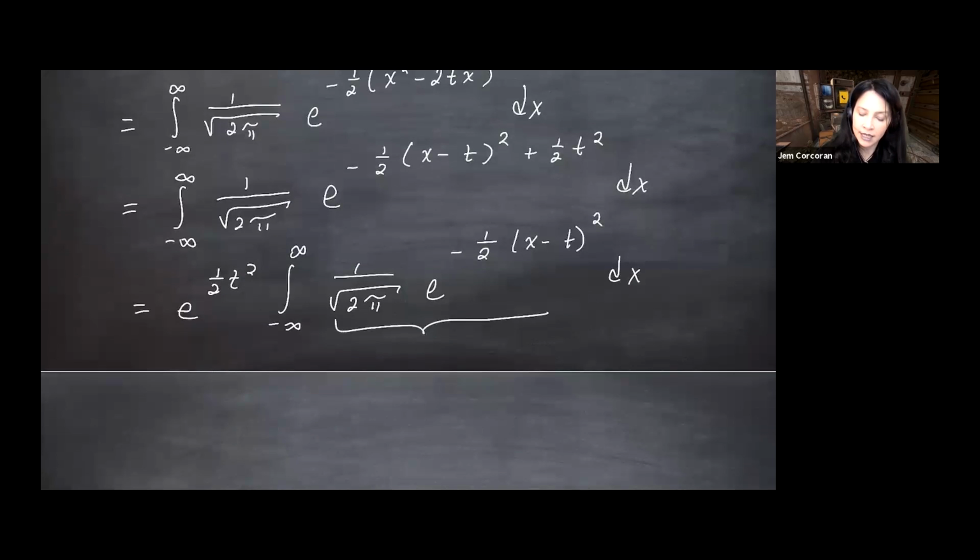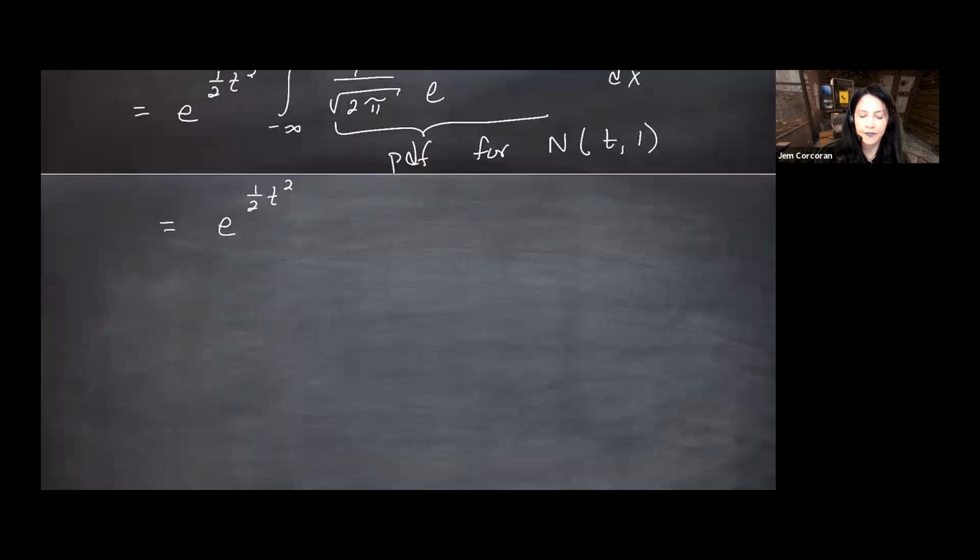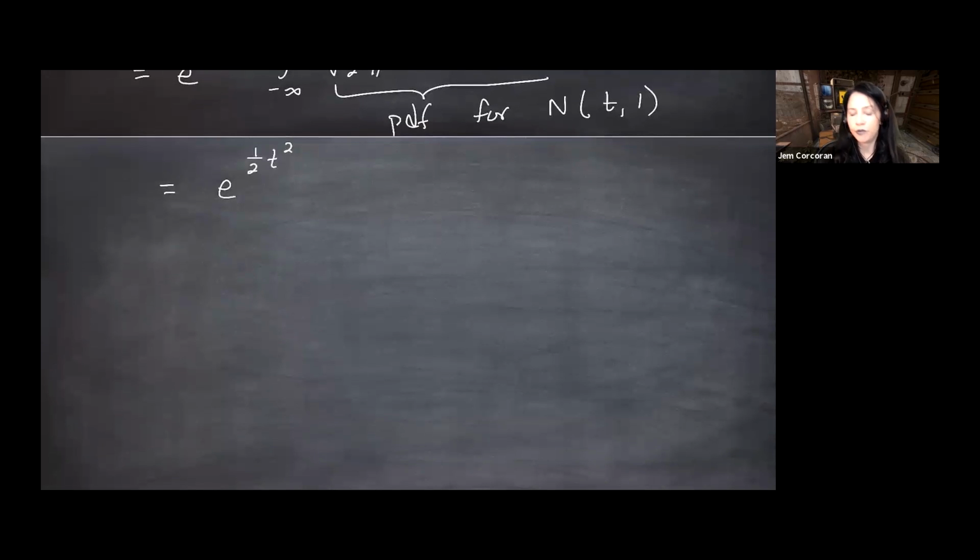So this is the PDF for the normal t, 1. And so it integrates to 1, and we get e to the 1/2 t squared. Okay, so the last thing I can fit in here is that's the moment generating function for the normal 0, 1.